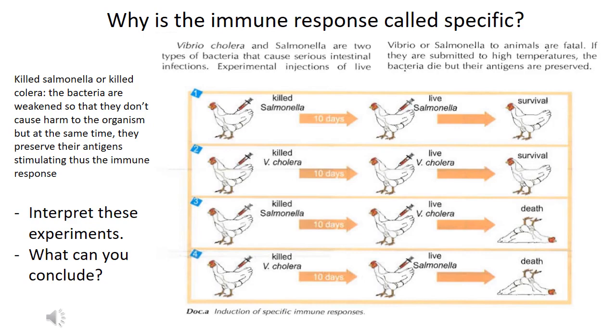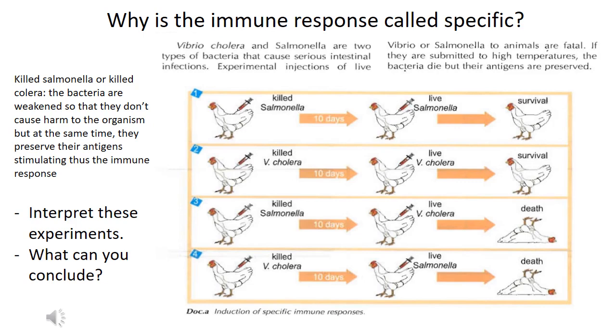So they are always non-self and they are always stimulating the immune response. They are considered by the body as non-self, but without causing any harm. And this is to see how the immune response is going to be against these antigens.